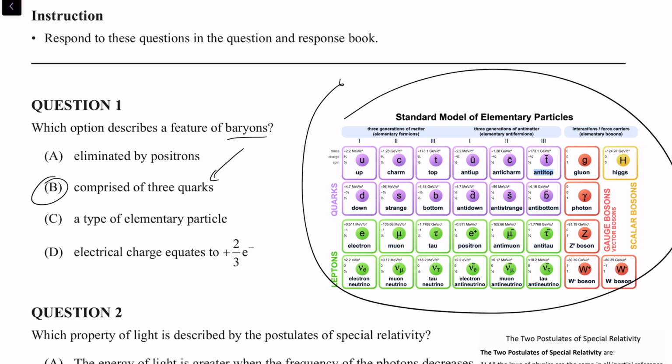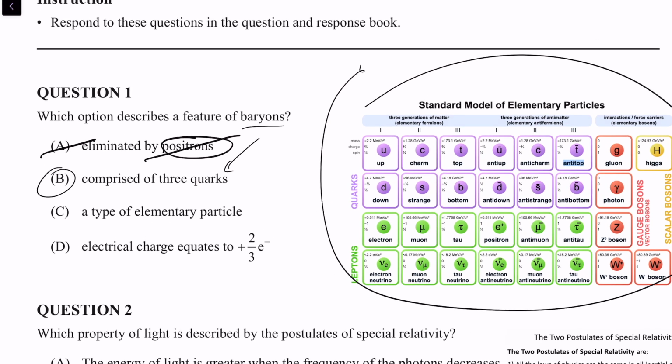If you want to use process of elimination, to be honest, I've never heard of positrons before, so I can immediately cross that out as a red flag. It's a type of elementary particle, not necessarily, because baryons are like 3 quarks, so they're like 3 elementary particles.